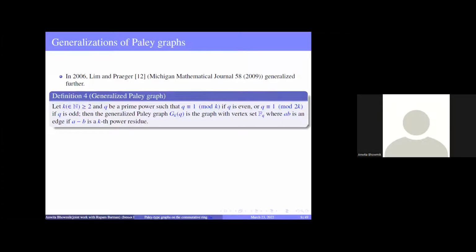If I take any integer k greater than or equal to 2, and any prime power q such that q is congruent to 1 mod k if q is even, or q is congruent to 1 mod 2k if q is odd. Why do I take this condition? Nothing but to make the graph well defined. Then the generalized Paley graph G_k(q) is the graph with vertex set F_q, where ab is an edge if the difference a minus b is a non-zero kth power.